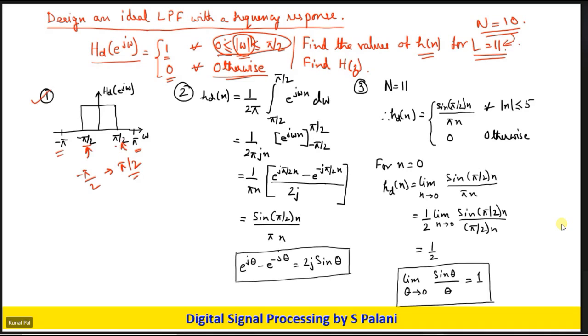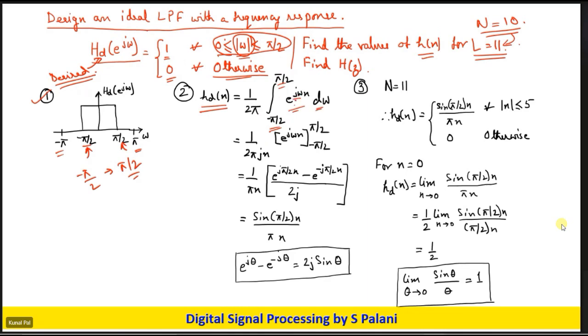Thereafter, we need to find out the h_d(n). What is d? d stands for desired. Over here, we have 1/2π integral of minus π/2 to π/2 of e^{jωn} dω.